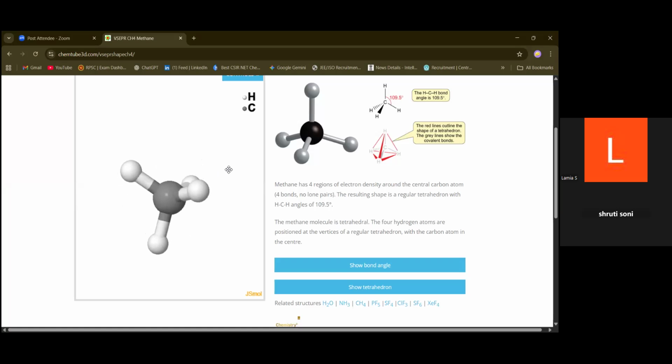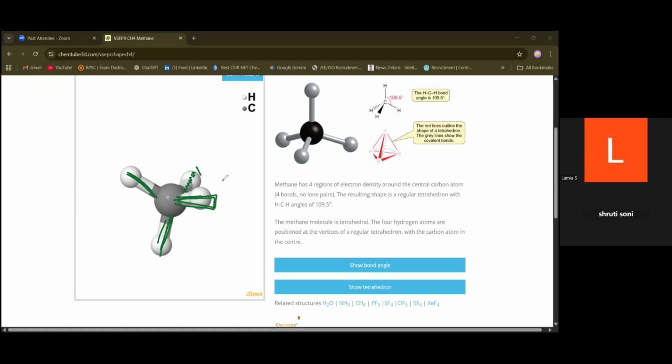So now do you understand how the methane will look exactly? Okay, so let's suppose these two are in the same plane, and this is the wedge form, and this one is the dash form.